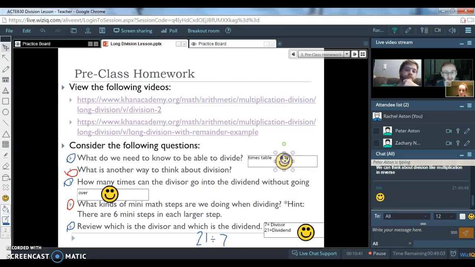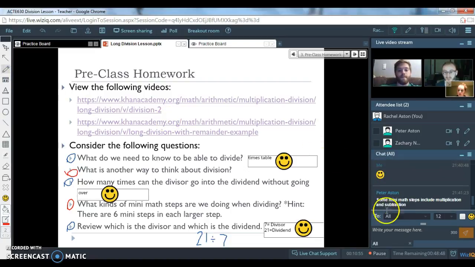I'm going to type it in the chat. Good. Yep. Those are a few of the steps.